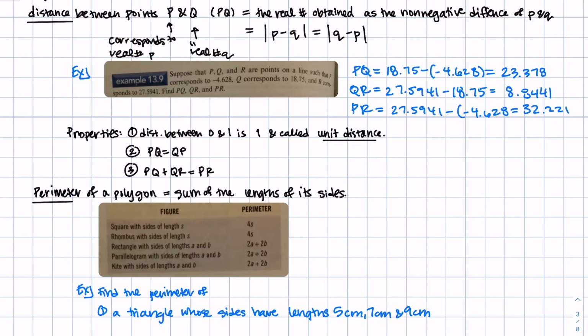So there's a couple things that we can notice from these distances. One that I kind of just mentioned was that PQ is equal to QP, the distance between 2 points. It doesn't matter what order we take them because we're taking this absolute value.